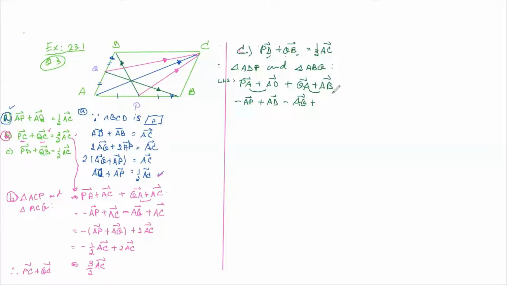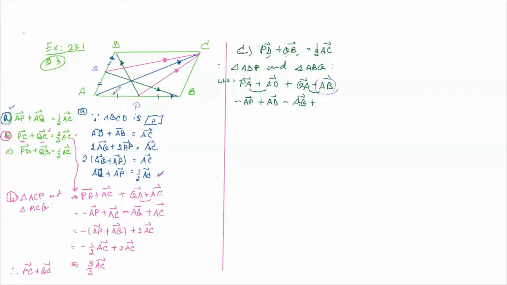This AB I can use the big triangle ABC. AB can use a lot: ABC, APC, AQC, ADC. But I will use the one below because I want to relate it to AP.